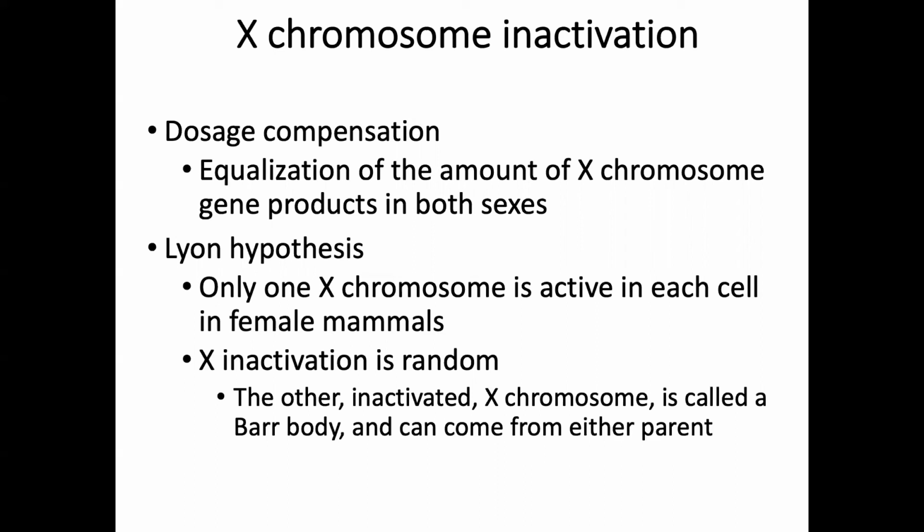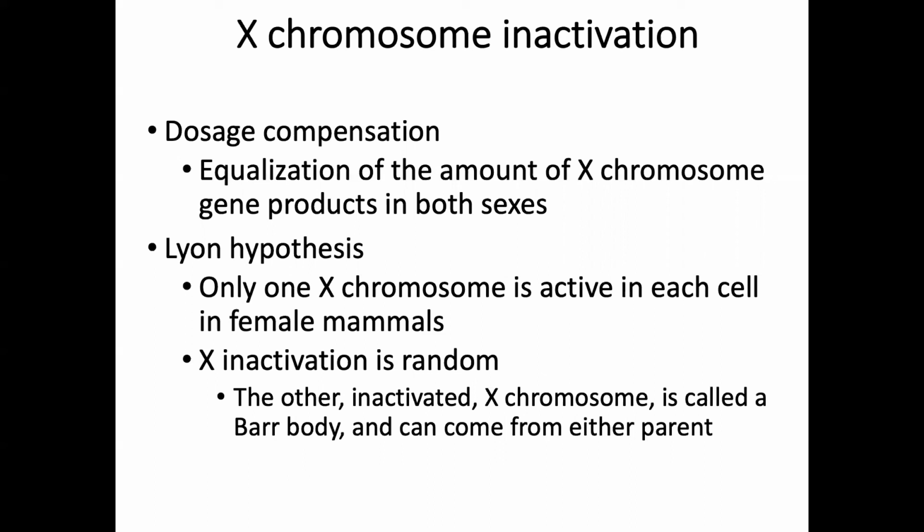So in 1961, an English geneticist, Mary Lyon, proposed this hypothesis to describe X chromosome inactivation. The hypothesis suggests, first, only 1 X chromosome is active in each cell in female mammals.